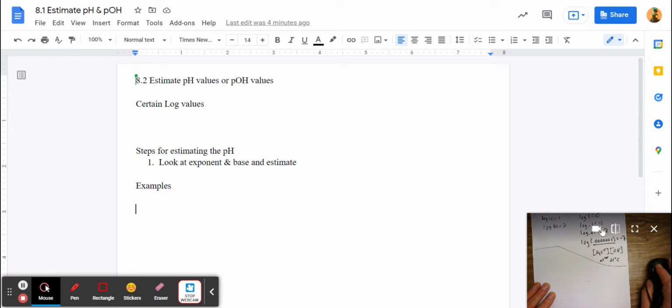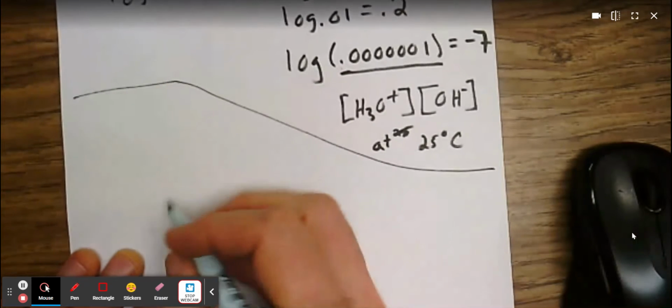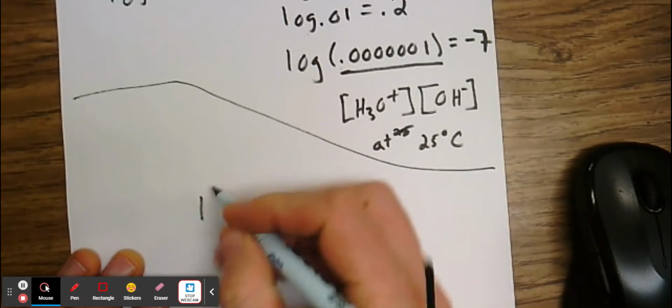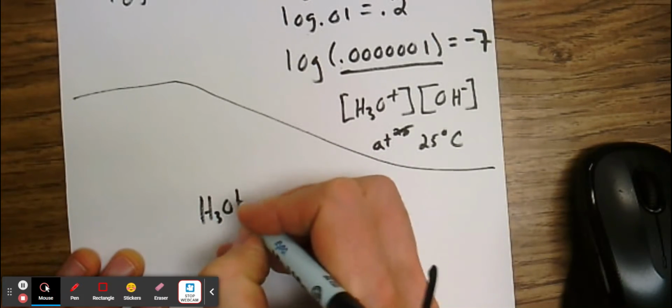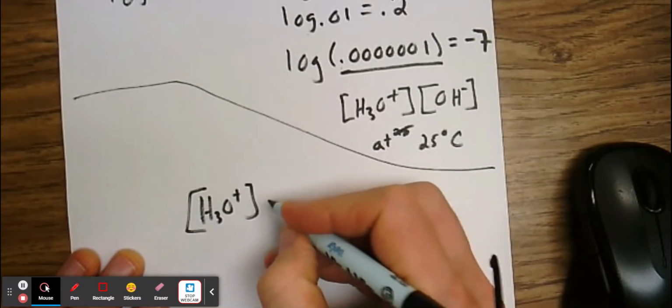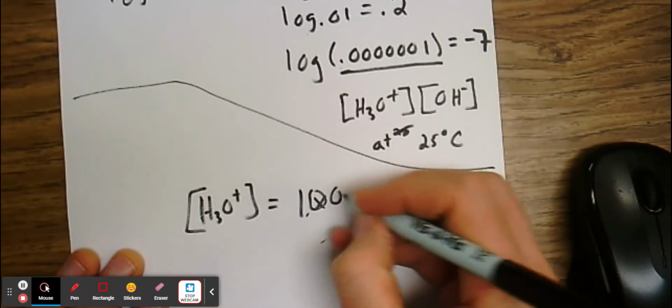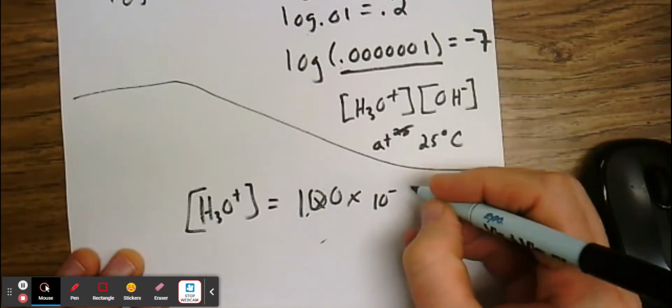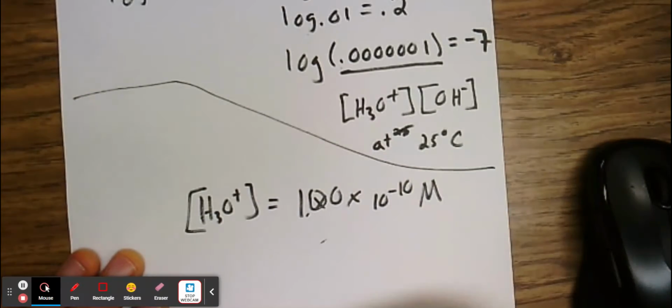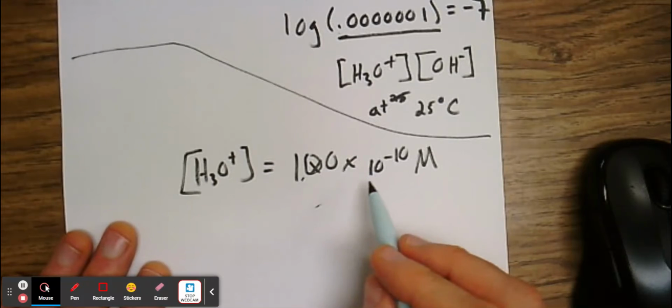So let's say my solution had an H3O plus concentration of 1.00 times 10 to the negative 10 molar, and I wanted to know my pH.